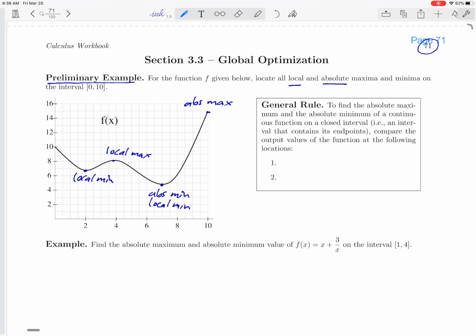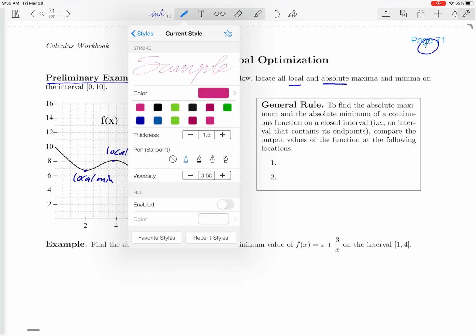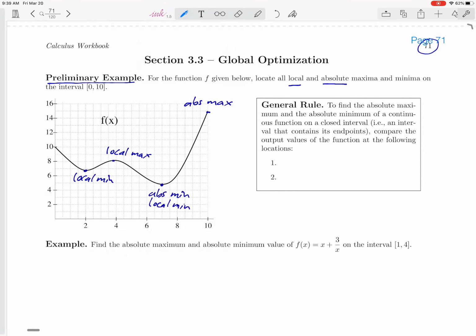Okay, and so we could ask the question, what is special about those points that we've just located? Well, they didn't specifically ask us about critical points, but notice that there's a little bit of a correspondence between where some of these maxes and mins live and where we have critical points.